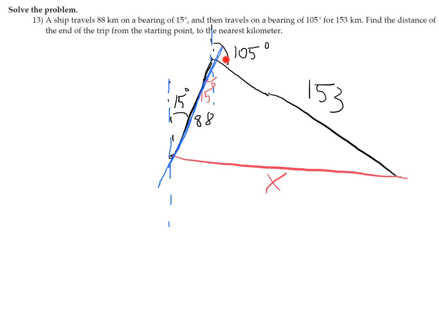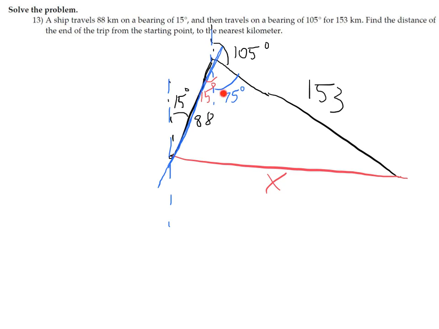The full north-south is 180 degrees, and if that much is 105, that leaves that much as 75. So that is 75 degrees. So we have the 15 degrees from a bisector of parallel lines, and their opposites are equal. And then we have that this is a supplementary pair of angles. They add up to 180. 105 plus 75 is 180, or 180 minus 105 is 75. So we have these two pieces of this angle, 15 and 75. That adds up to 90. Wow, this is a right triangle.